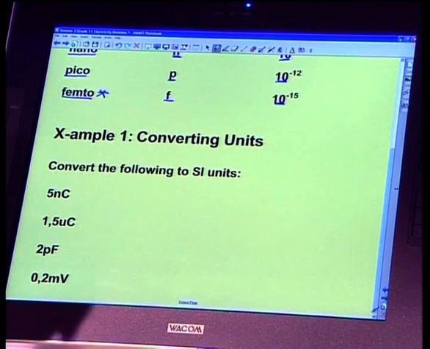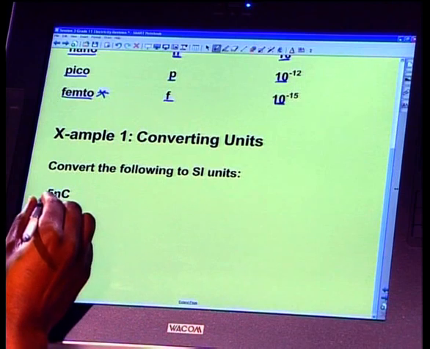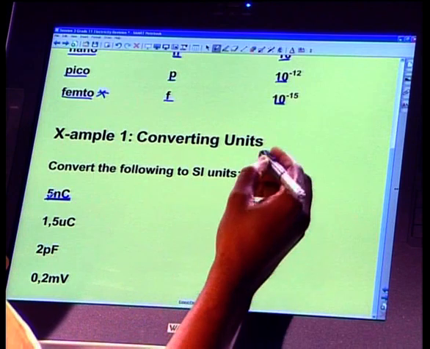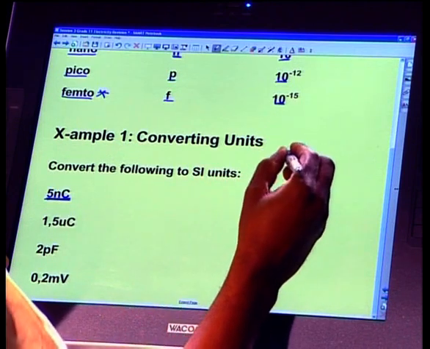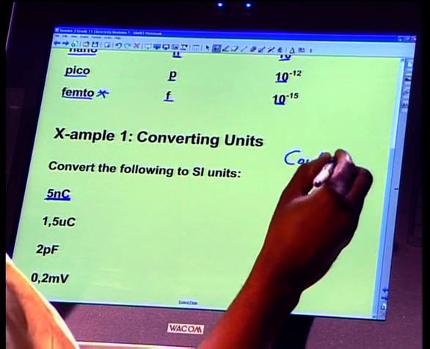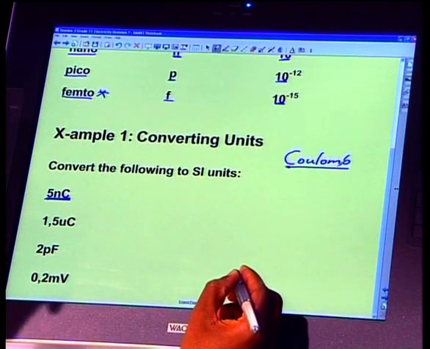Now, let's look at some of these conversions that we need to do. Say you are to work with 5 nanocoulombs. We know that in terms of charge, the unit that we use to measure charge is of course the coulomb, which is given in honor of the scientist that did a lot of work around charges, and his name was Coulomb.